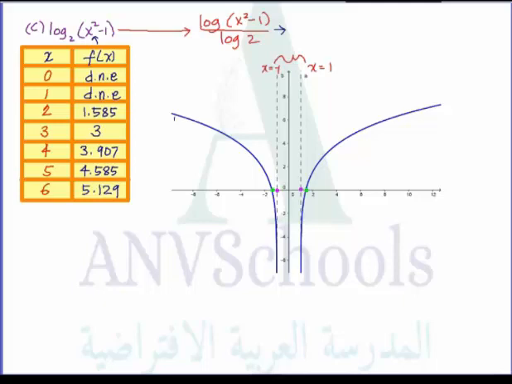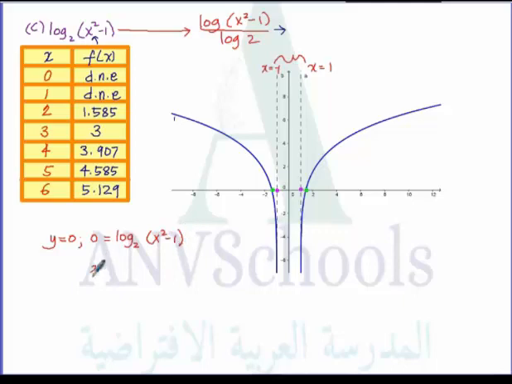So maybe we can do that for now. Let's set our y to 0. That leaves us with 0 is equal to log base 2 of x squared minus 1.